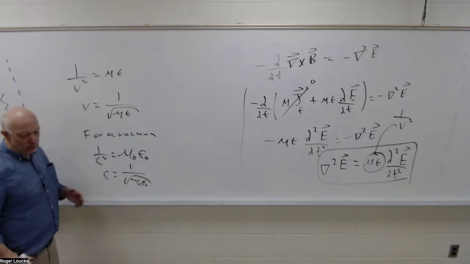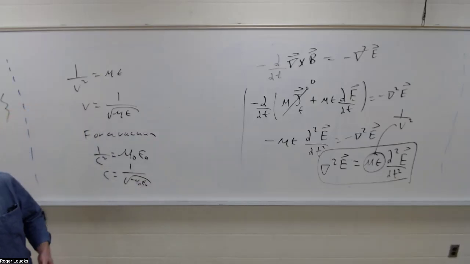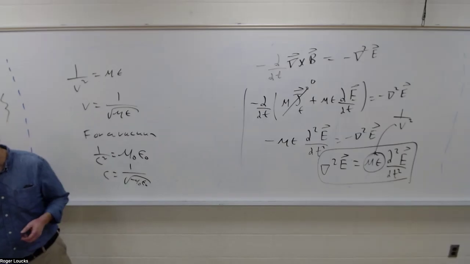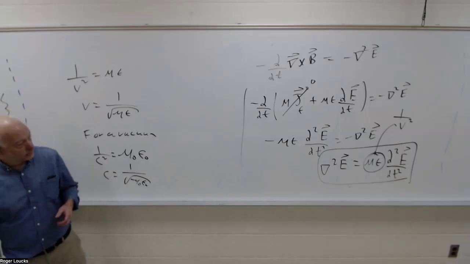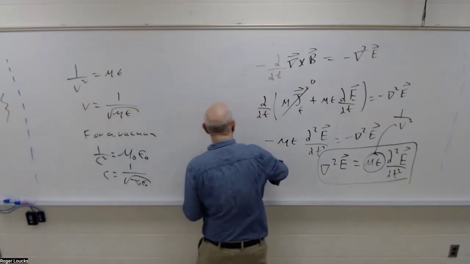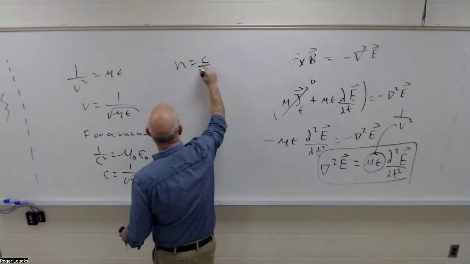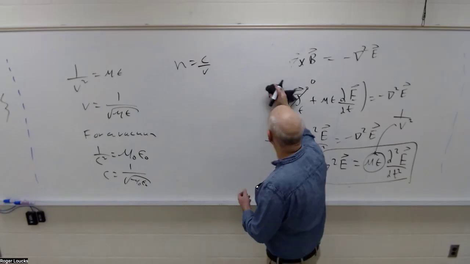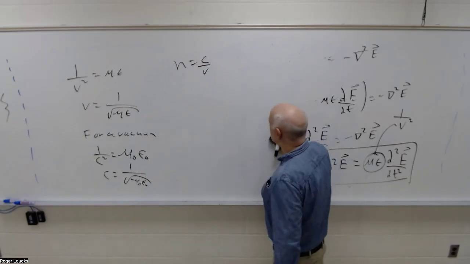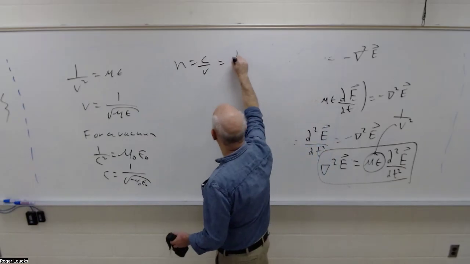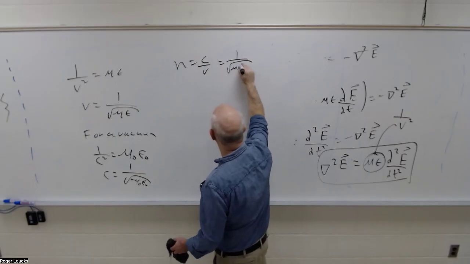Hey, but I think we can now calculate something. What is the index of refraction of a material? What is it given by? C over v. What is c? What is v? C is 1 over the square root of mu naught epsilon naught.